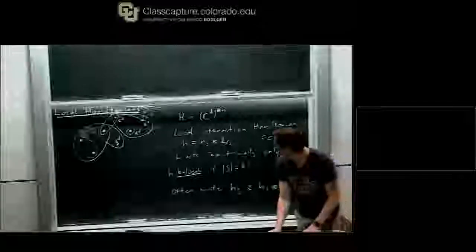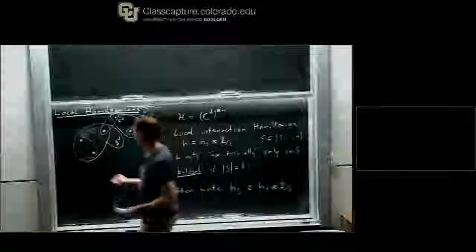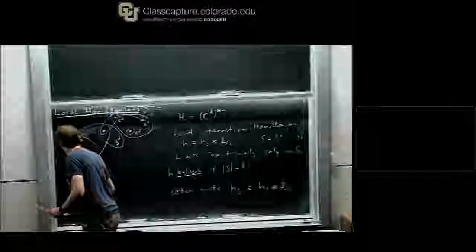Okay, so the objects of study for all of this lecture are k-local Hamiltonians. So what's a k-local Hamiltonian? A k-local Hamiltonian is a Hamiltonian made up of k-local terms.